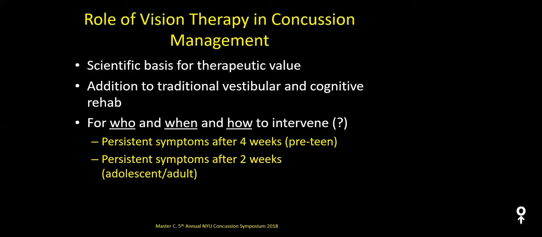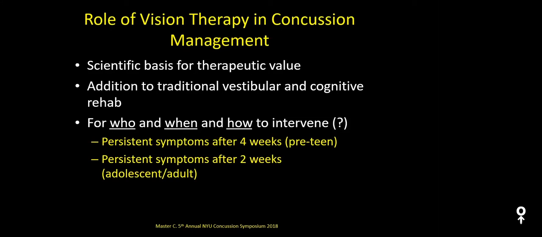Now, oftentimes, it's not just a matter of treating the visual system, but it's also a matter of combining the vision therapy with forms of vestibular therapy as well as cognitive rehab. But at least for adults or adolescents, we generally like to give them about 2 weeks to get better.